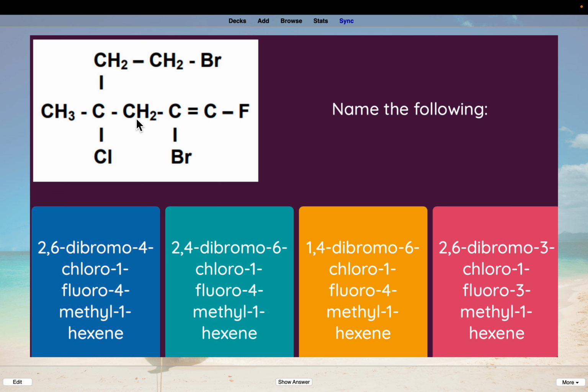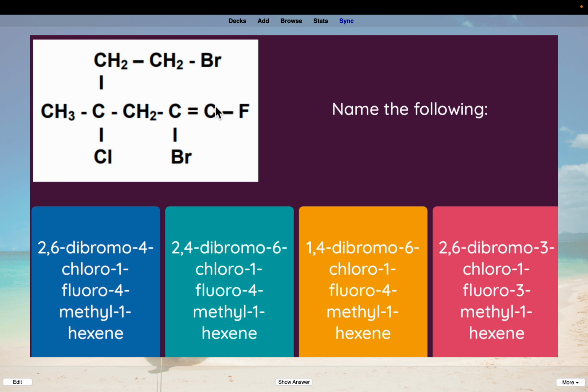The parent chain extends, but we don't count this as part of the parent chain. We count whichever is longer. Counting from here, 1, 2, 3, 4, 5, 6, the parent chain is longer this way.